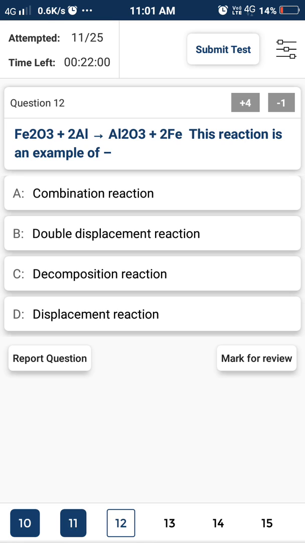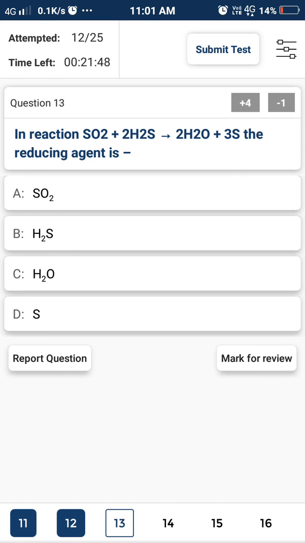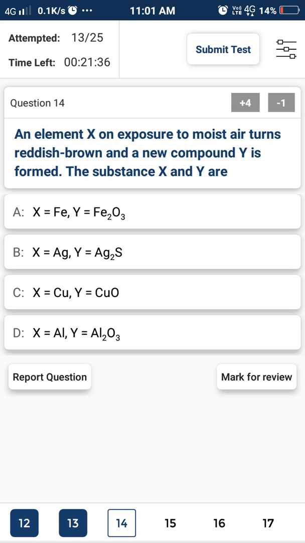Fe2O3 plus Al2O3, this reaction is an example of displacement reaction. In the reaction SO2 plus H2S gives H2O plus 3S, the reducing agent is SO2.